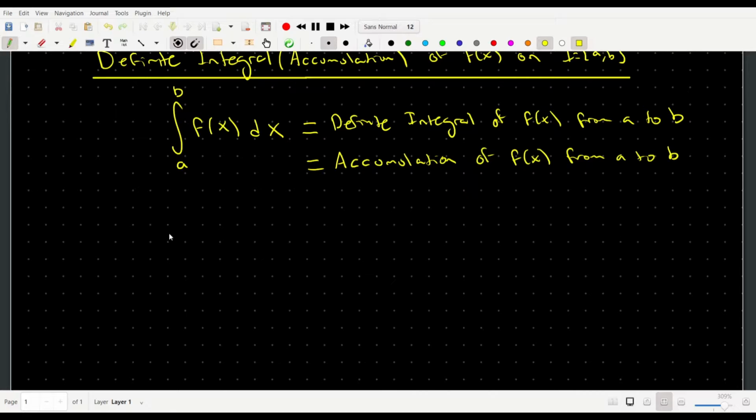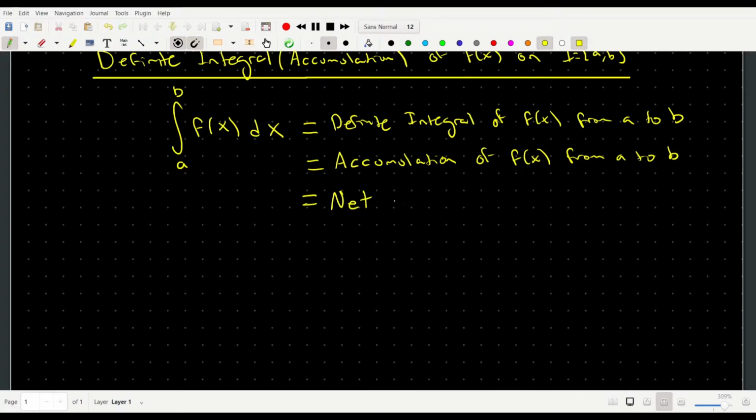So the idea is that this value is in fact equal to the area under the curve f of x, as long as the function f of x is a positive function. But if the function f of x is positive and negative in certain regions of the domain, then we cannot say that it's the total area. It is always equal to the net area, another synonym that you may have heard in a prior calculus course.